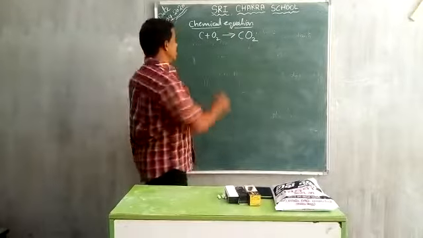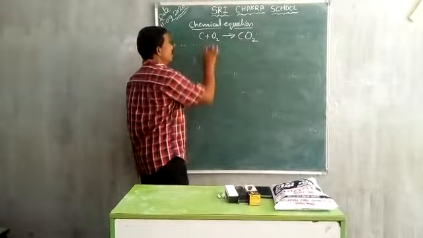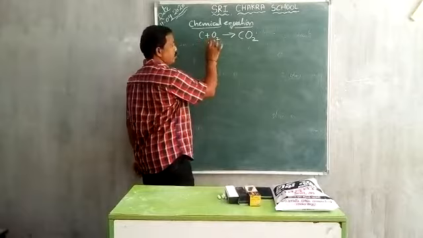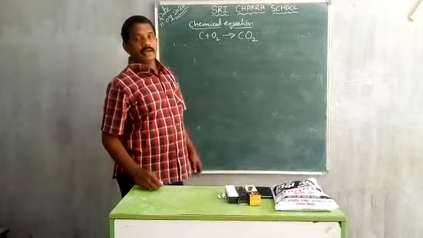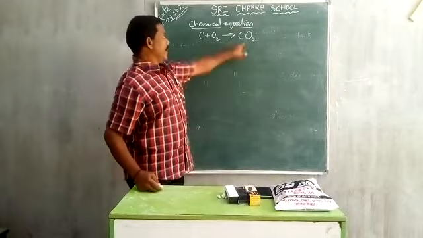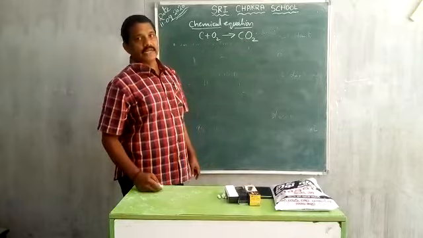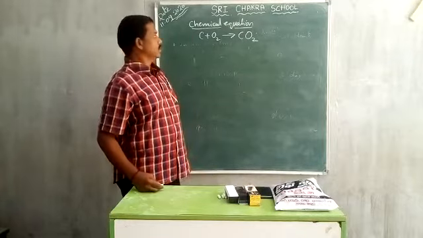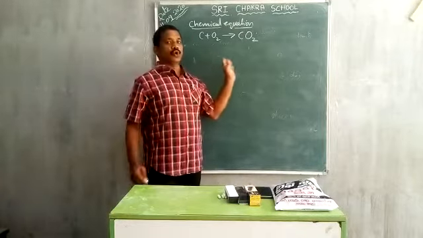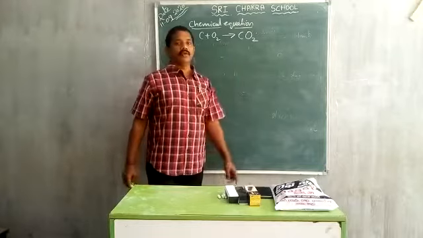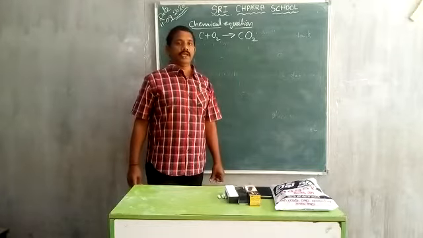You know what are reactants in this reaction equation? Carbon and oxygen are called reactants. Carbon dioxide is the product. That information is known on seeing this chemical equation.